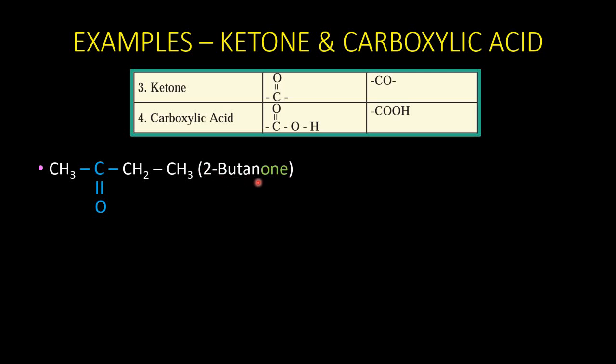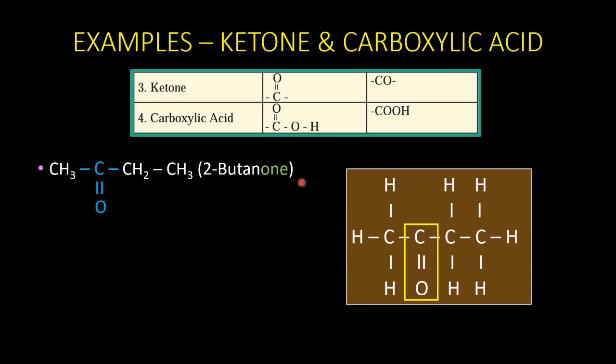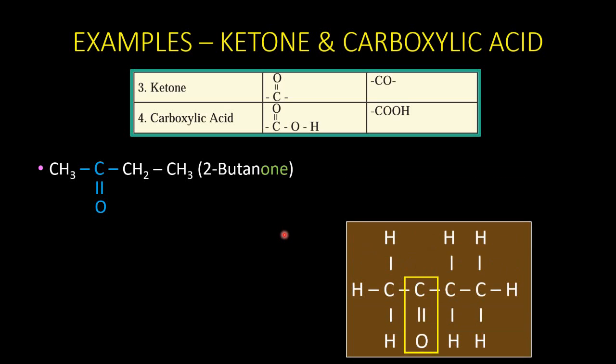So the name is pronounced as butanone to represent the position in which the functional group is present. Let us see the structure. So this is the elaborate structure where you can see very well the tetravalency of carbon being satisfied and the presence of functional group as well.